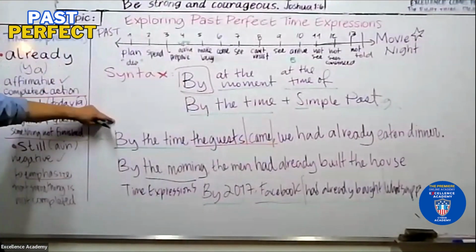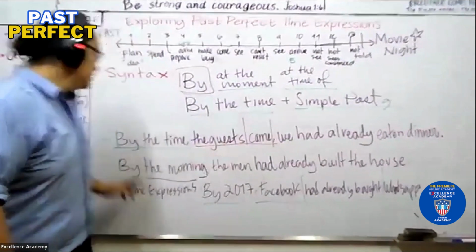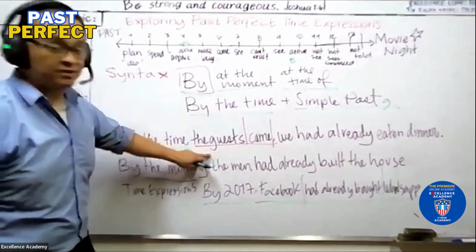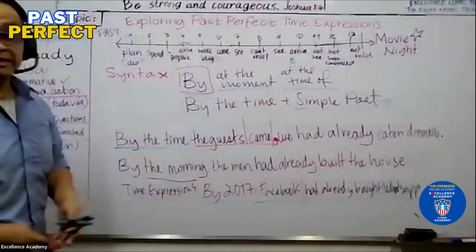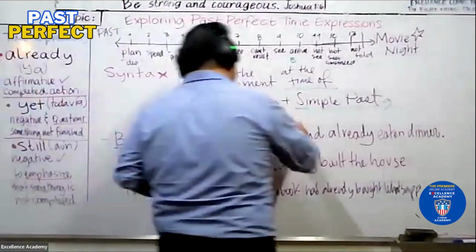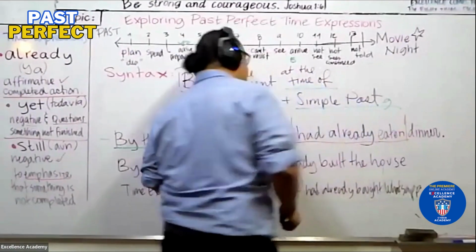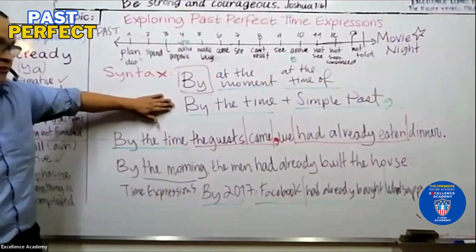So we use by the time plus a simple past clause, in combination with the simple past to introduce the past perfect, which is over here. Had already eaten, okay? So this is another useful phrase.